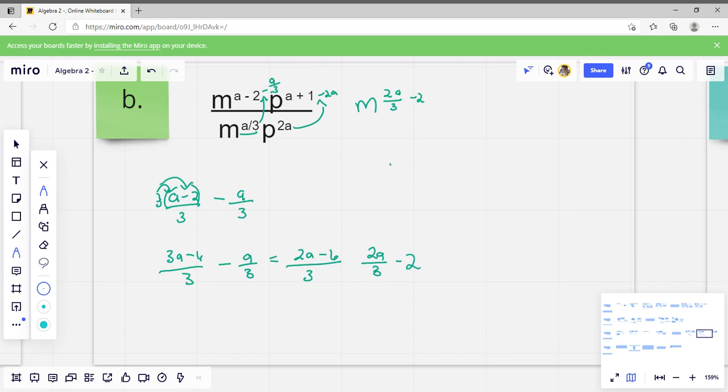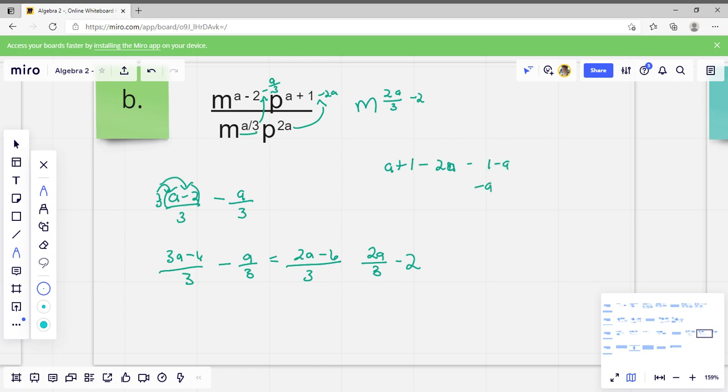Okay, now our p, we're going to pull that up and subtract it. So we've got a plus 1 minus 2a. That would be negative a. Fix this guy. Let's see. 2a. Yeah, that'd be 1 minus a.